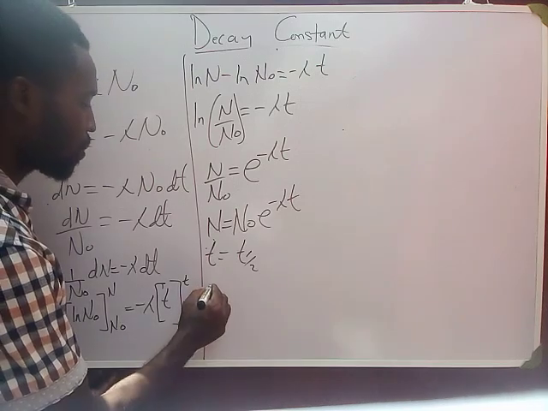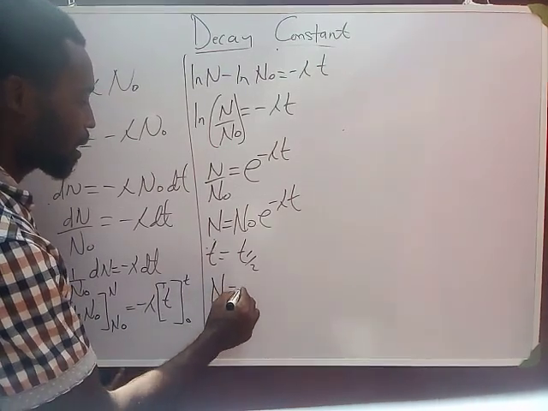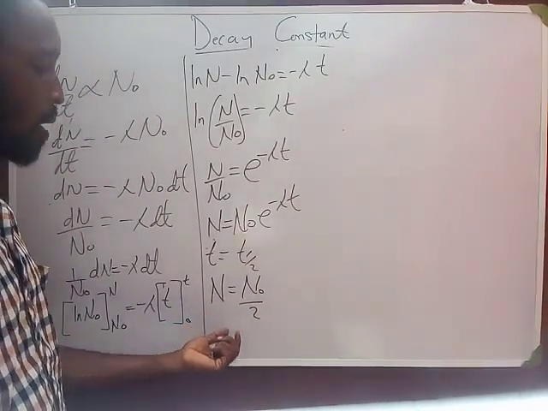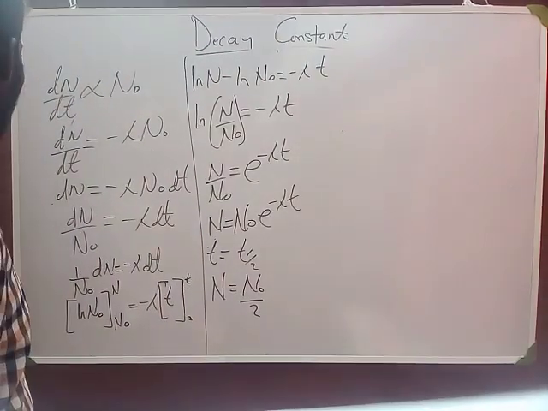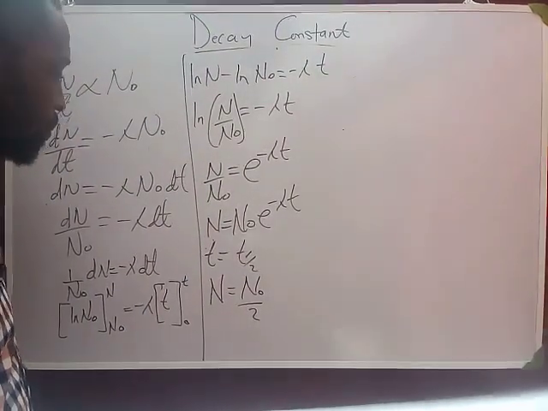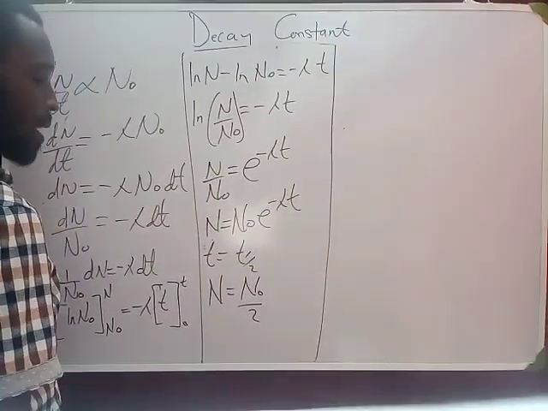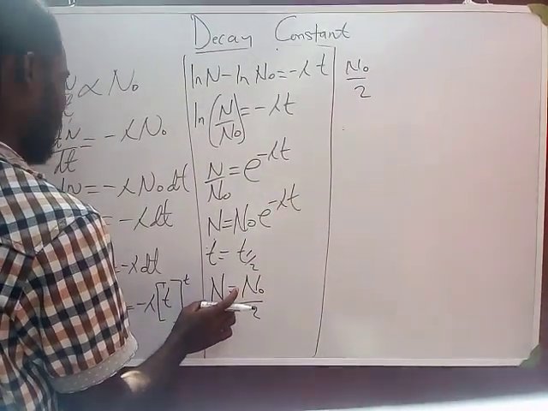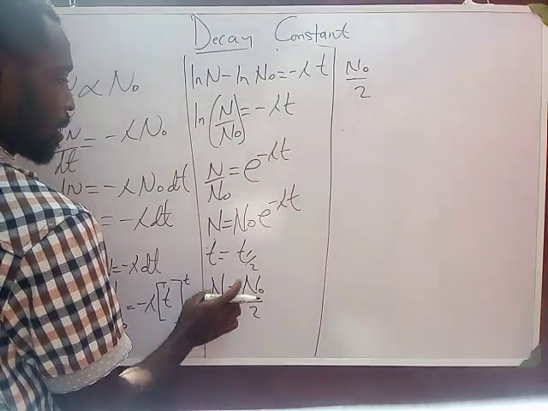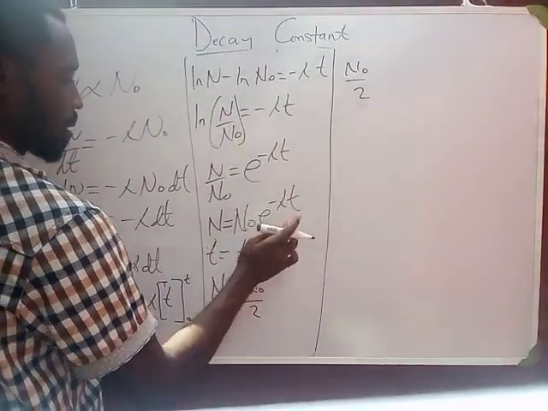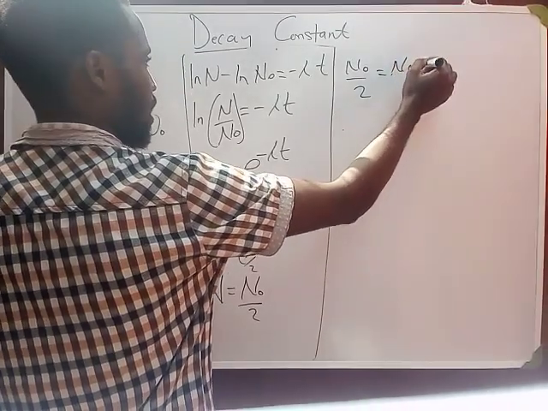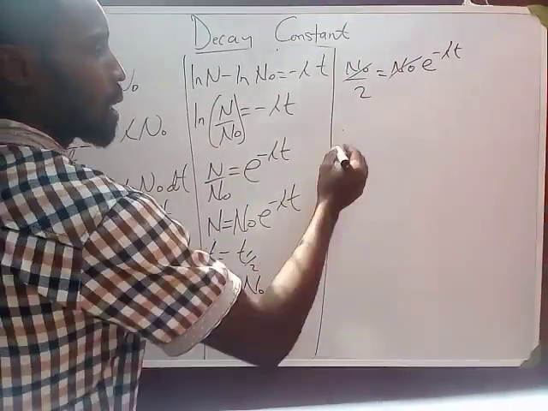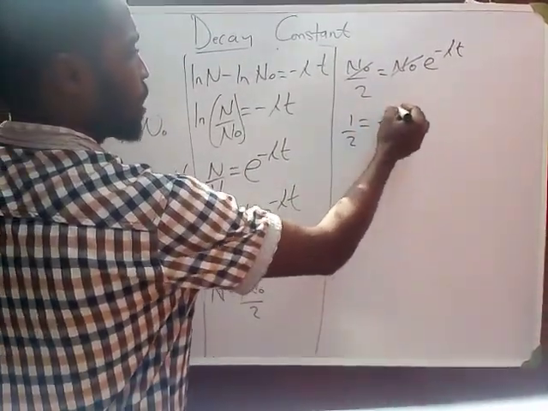So when N naught is divided by 2, we get N. At that point, N equals N naught over 2, and this equals N naught exponential minus lambda t. N naught cancels N naught, giving us 1 over 2 equals exponential minus lambda t.